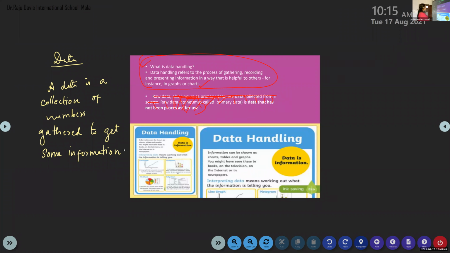Data is a collection of numbers gathered to get some information. Okay, children? Yes, ma'am. Ma'am, don't rub it. So you can write this also. There are two types of data.